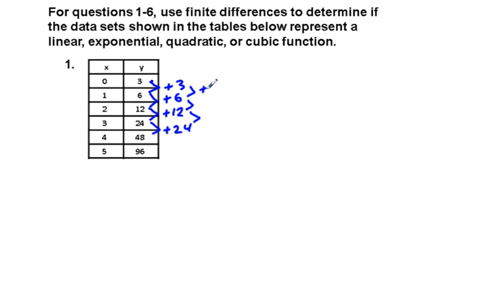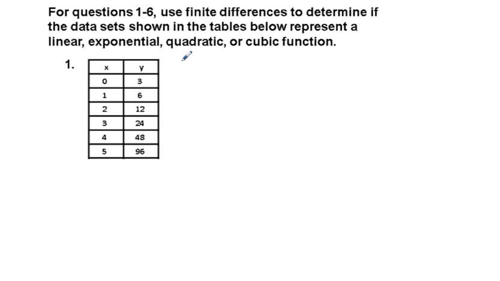We do not have a constant second difference of plus 6 either. So even our second differences are multiplying by 2. This section has to do with cubic functions, and we see neither a linear, quadratic, or cubic function. So by process of elimination, it looks like exponential.